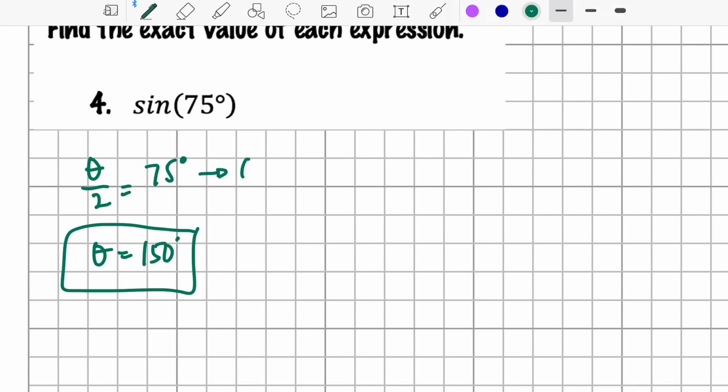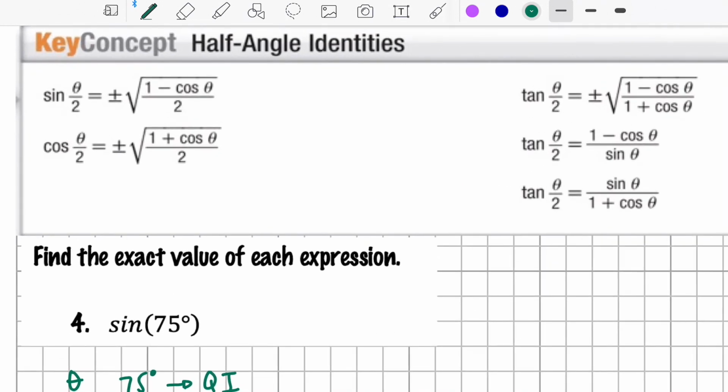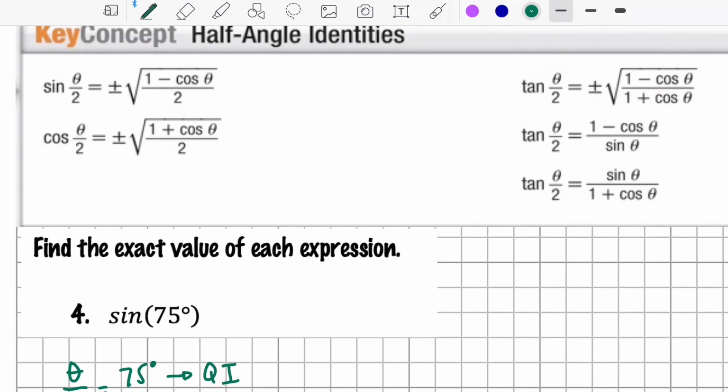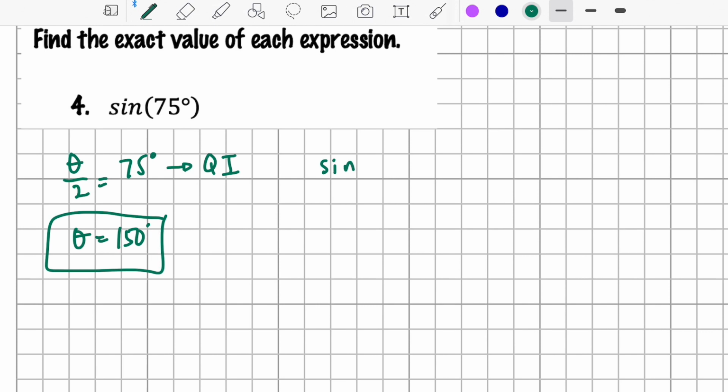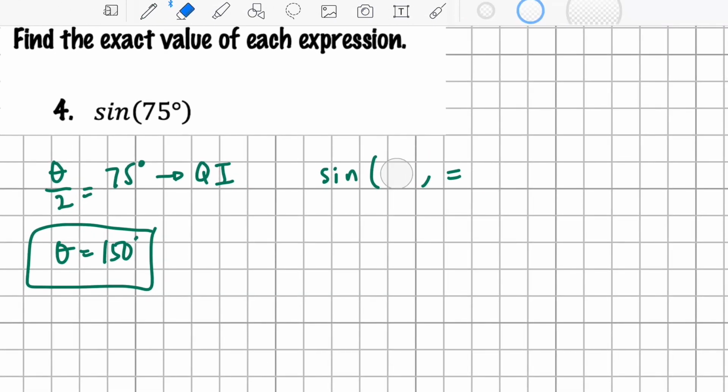Also notice that this is quadrant 1, and therefore we want it to be positive. So if I look at sine, we have this option. Let's write it as sine of 150 over 2, because that gives me my 75, and that means that 150 is my angle.